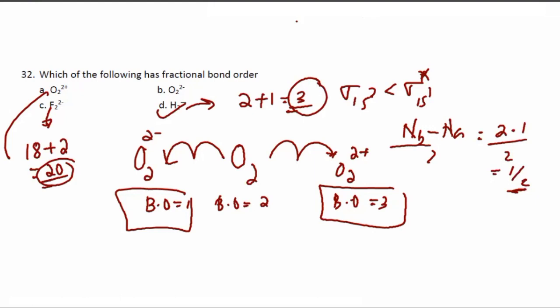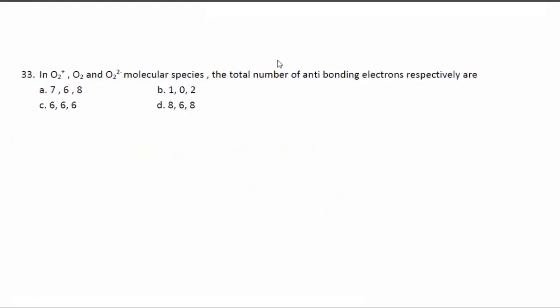Moving to the next question. In O2+, O2, O2 2- molecular species, the total number of antibonding electrons are respectively.